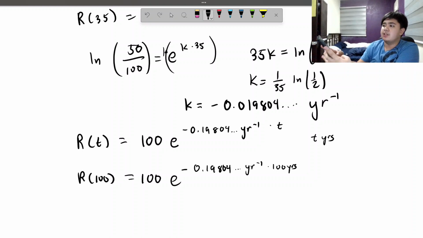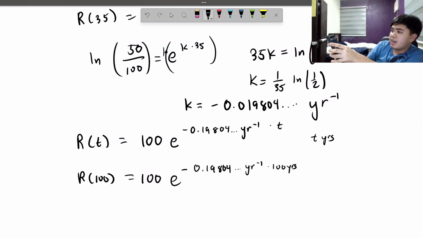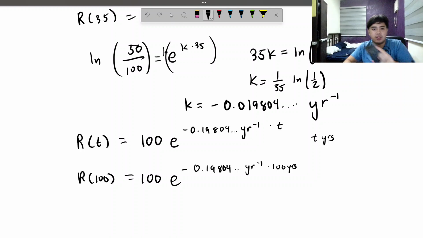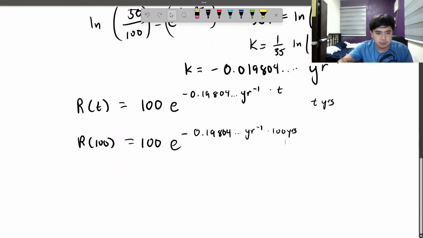So we're going to calculate it again. 100 times e to the negative, no, I'm going to put my stored value, times 100, we get 13.80% of the material left over. That seems about right. R of 100 then equals 13.80% of the material left.